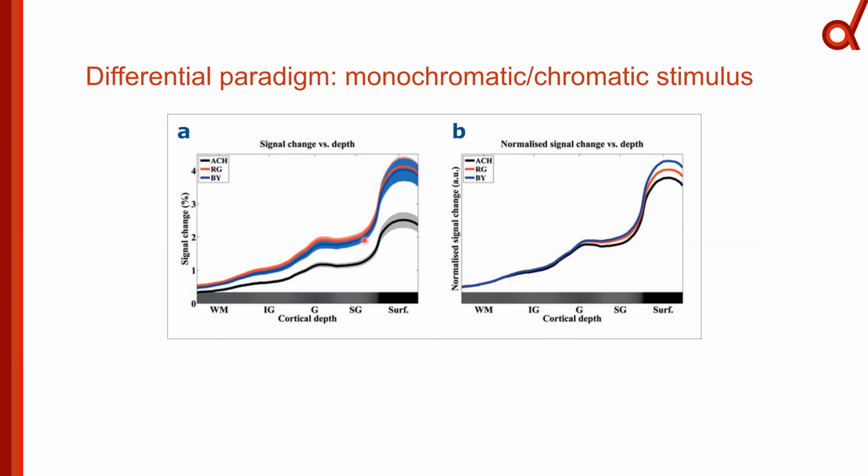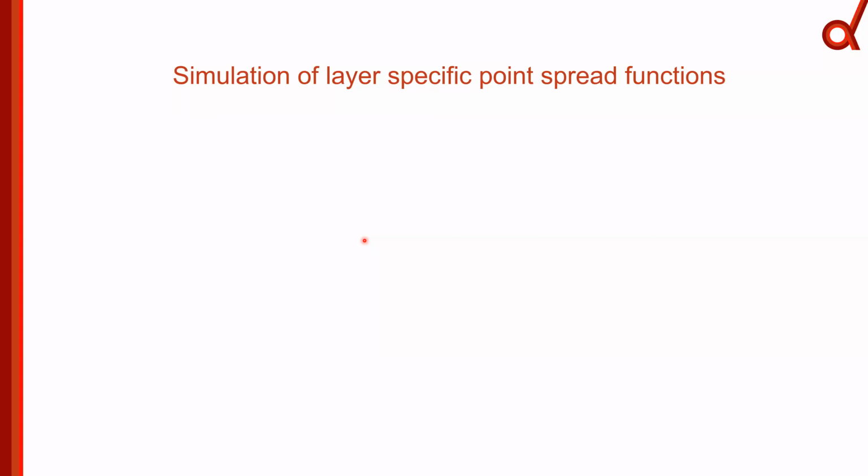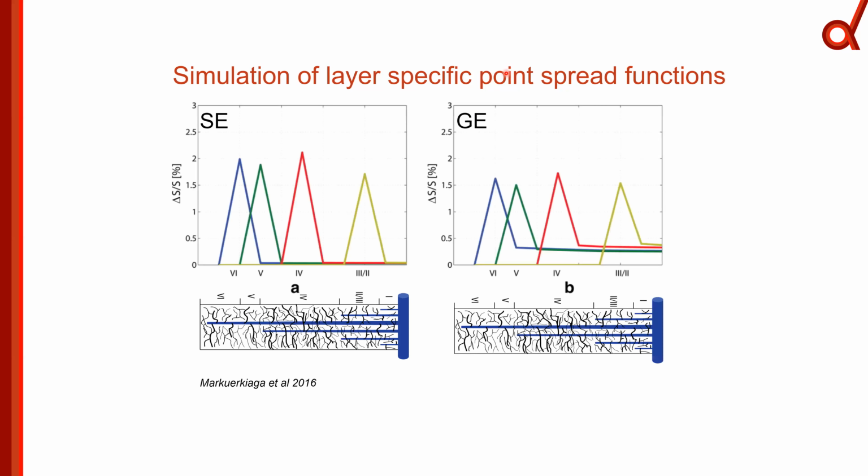So you could try to do something about this. And the obvious thing to do is to try to simulate your point spread function. And we did this some years ago, and there are now more sophisticated models. But basically, if you look at a spin echo and activate a specific layer, you will get a sharp activation with no build up towards the surface.